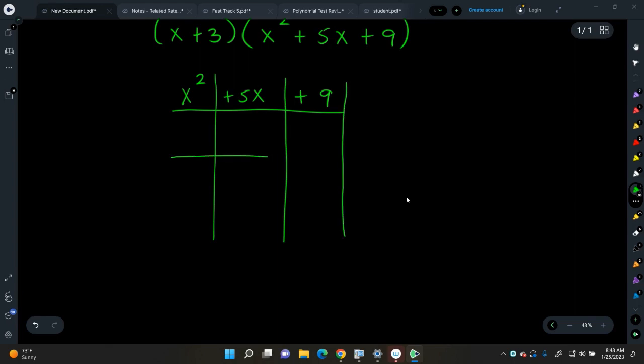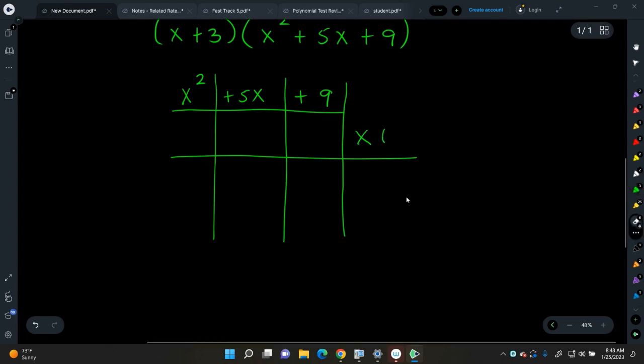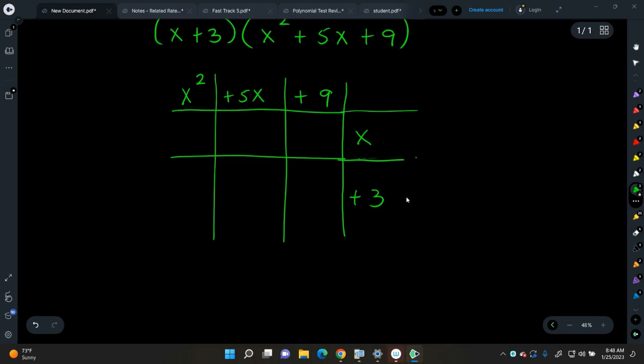And then over here, I'm going to put x plus 3. So basically, we're going to do a multiplication table like we used to do in elementary school. It doesn't matter, I could put the x plus 3 on the top, right? I just choose to do it this way.